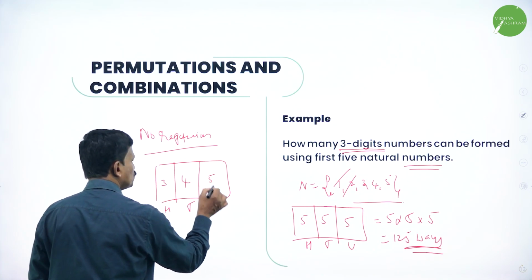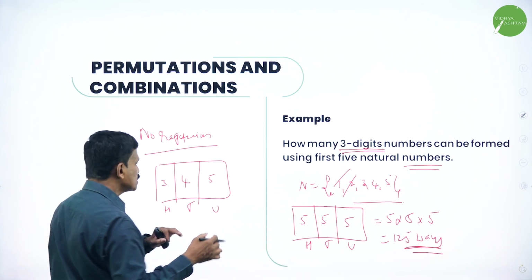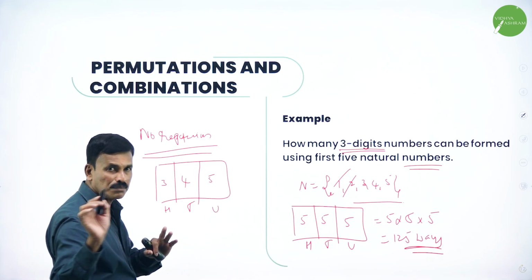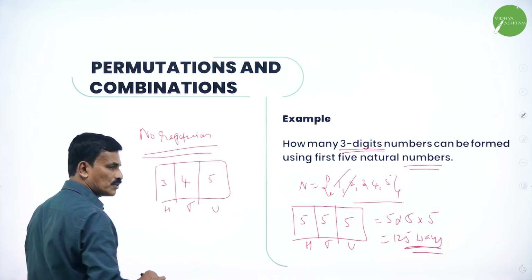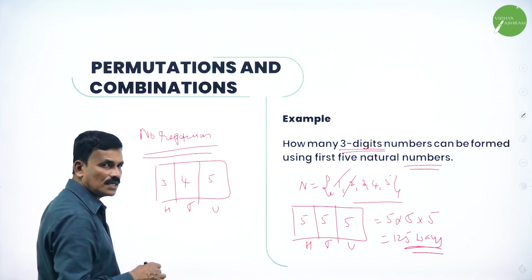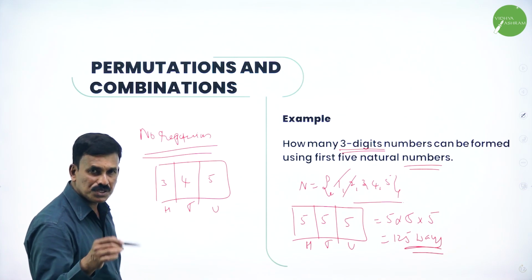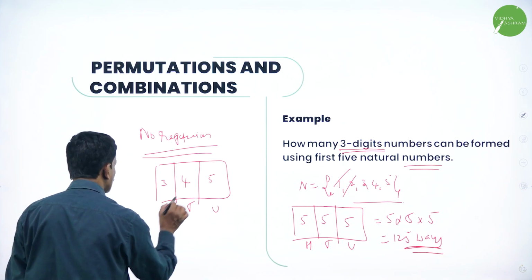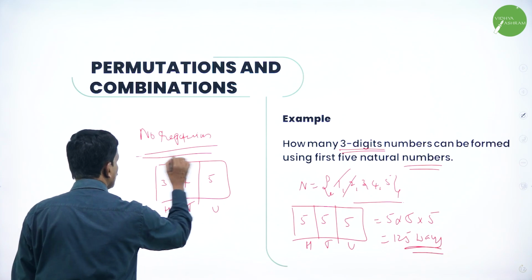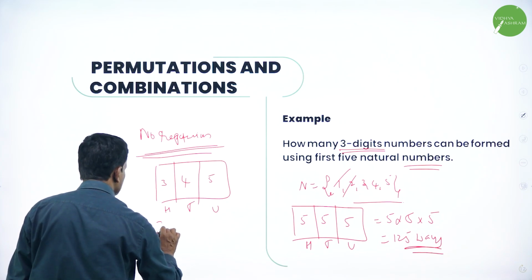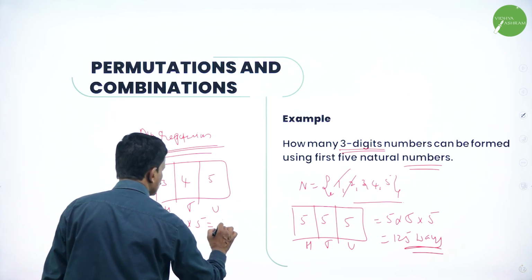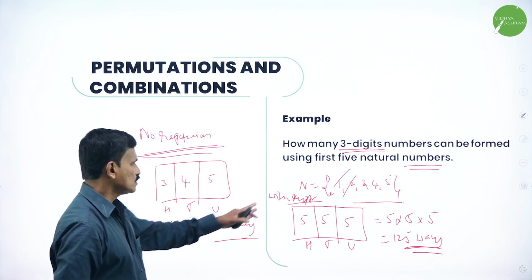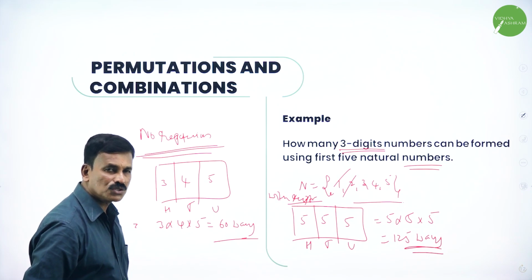So the number of ways with no repetition is 5 into 4 into 3, that is 5 fours are 20, into 3 is 60 ways. This is with repetition and this is without repetition.